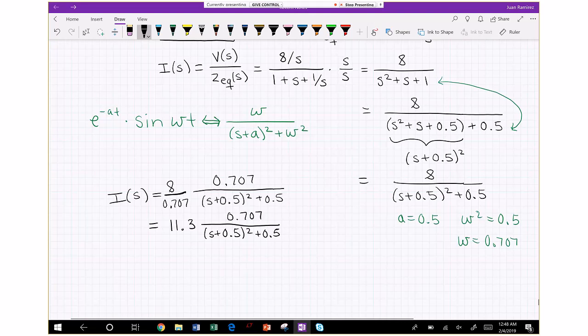Okay, now it's really in the form that we wanted. And now we can find our I of t by doing the inverse Laplace transform on this whole thing.